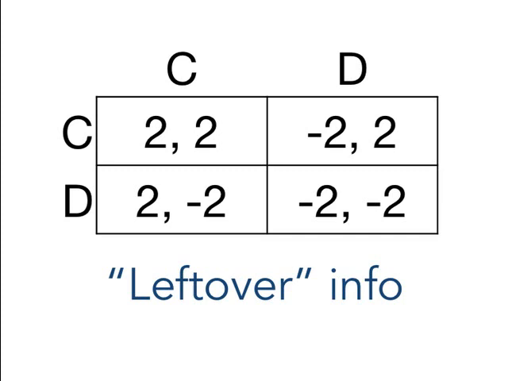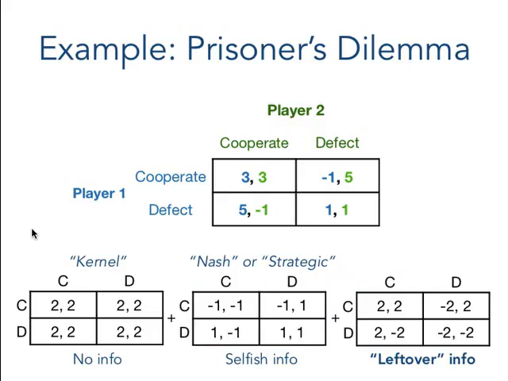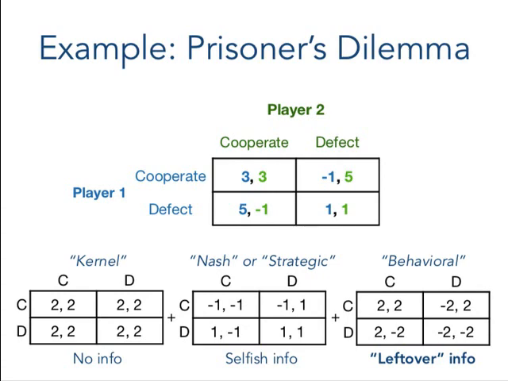So maybe I'm making a decision that gives me a nice private payoff, a utility, but it gives my neighbor a negative utility. That's the idea of externalities. So this leftover information component, the authors called the behavioral component, I'm calling the externalities component. Sorry for all the names. I hope this is not confusing.